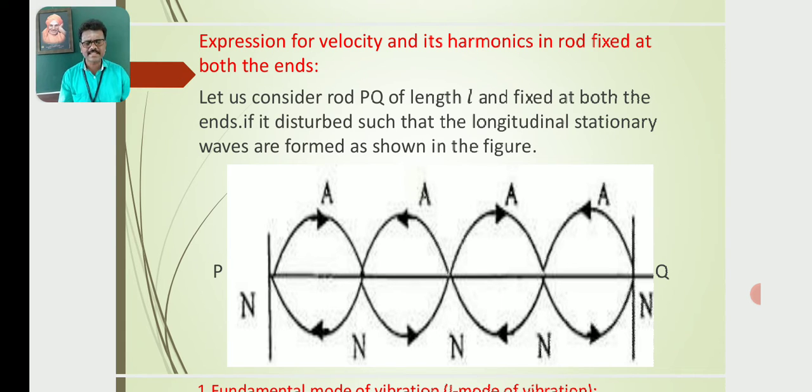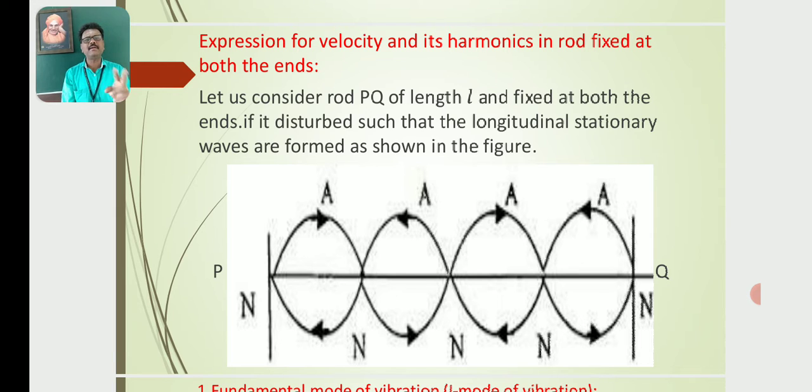So the longitudinal stationary wave consists of a series of nodes and antinodes, as shown in the diagram. The diagram consists of a number of loops or segments.